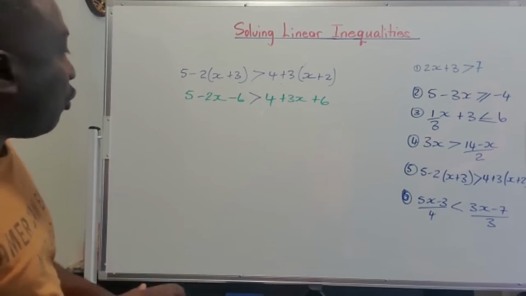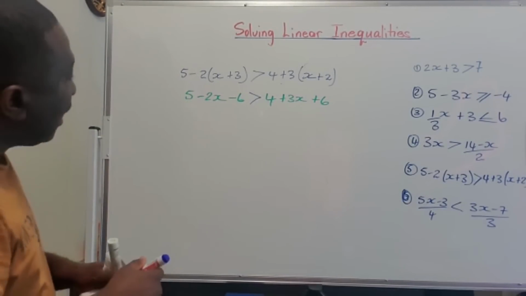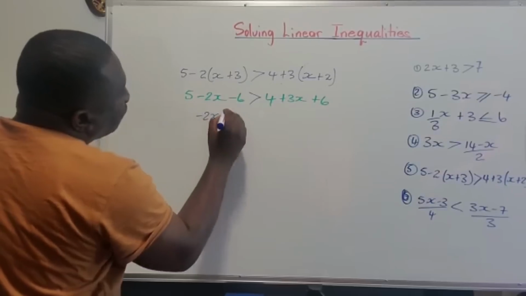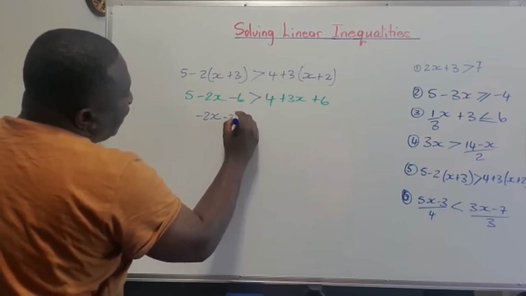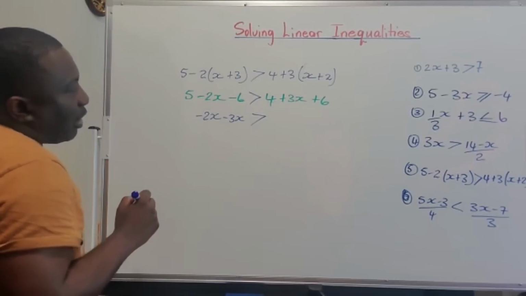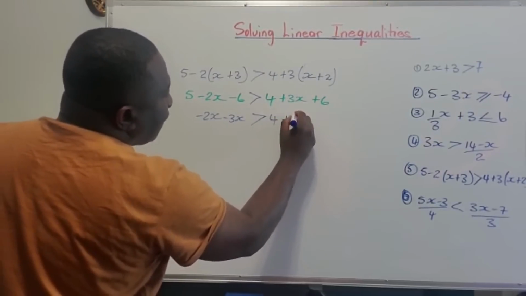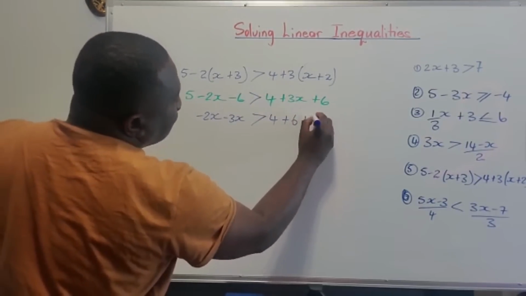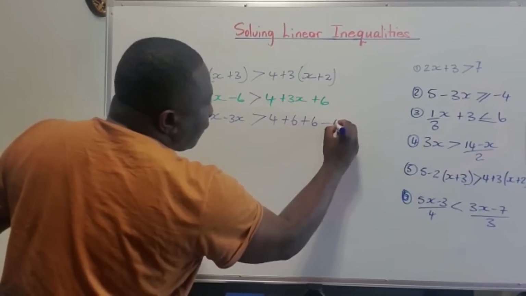Now we can group our information. I'm going to maintain my x's on the left side. Negative 2x, bring this over, the sign will give us negative 3x. Maintain my inequality symbol. My positive 4, my 6. Going to bring these across. So this becomes positive 6. This 5 becomes negative 5.